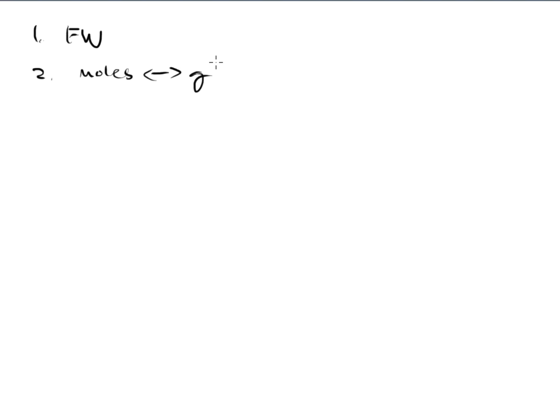Well, moles, we eventually found out, was this common language. And the common language is basically what everything has to be in order to go from a product to a reagent or vice versa.